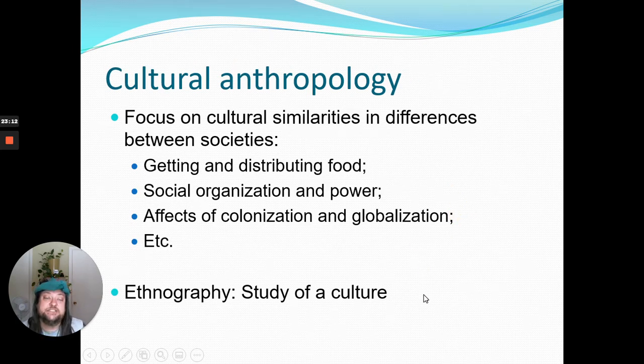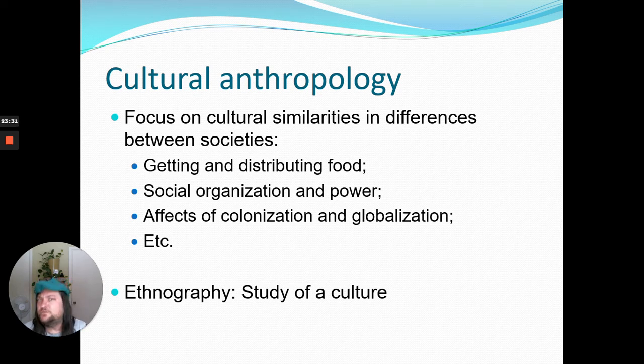Cultural anthropology, one big chunk of our course is going to be spent in this area, where cultural anthropologists focus on cultural similarities and differences between societies.